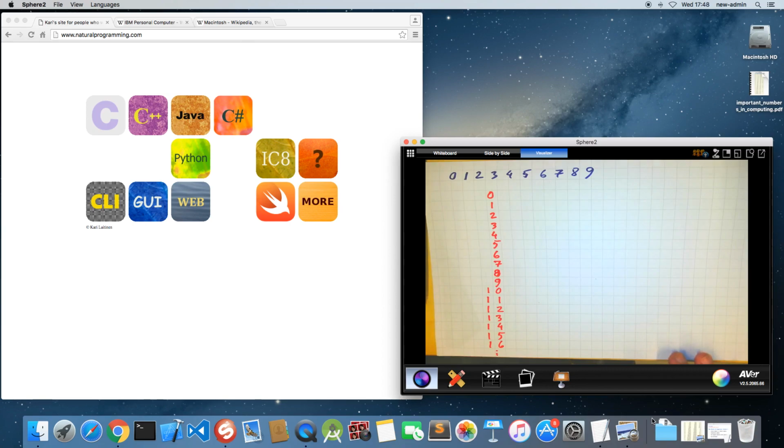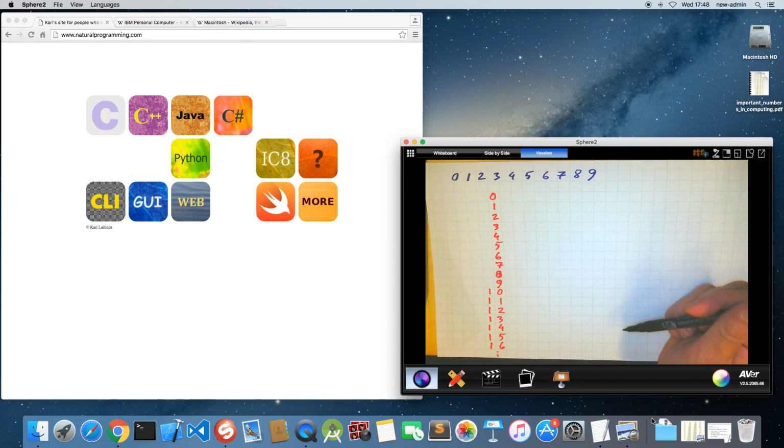So all numbers can be expressed with these 10 numerical symbols. Always when we run out of symbols, we start using a new column there, and so we can express very large numbers if we like.